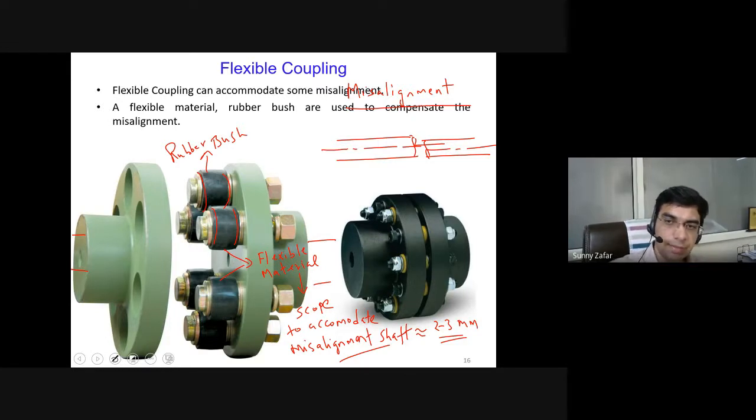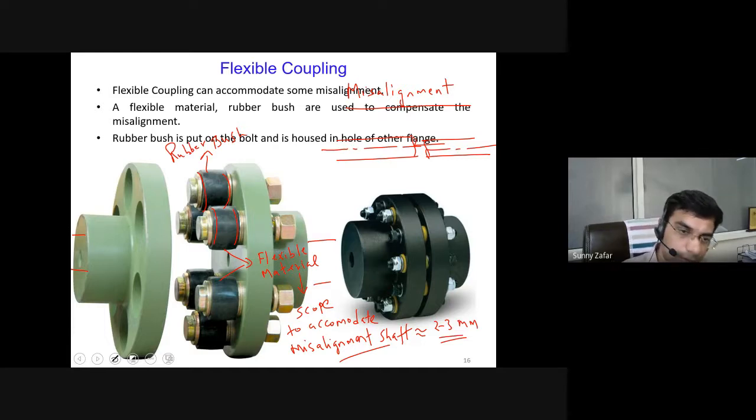Since it is a flexible material, it will compensate for this misalignment. The rubber is generally put on the bolt and is housed in the hole of the other flange. So this rubber is going to come in place here. And once the bolt protrudes out from this flange, you will fix the nut here. So the nut will be on the exterior.